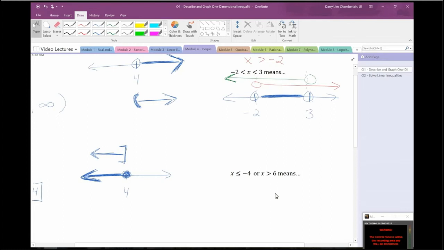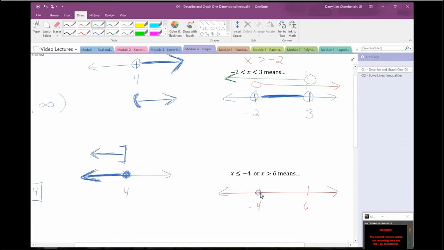So now our final example gives us a compound inequality that's not combined together. And in this case, we have our two numbers. And this or is saying that it can be in either of these two intervals.